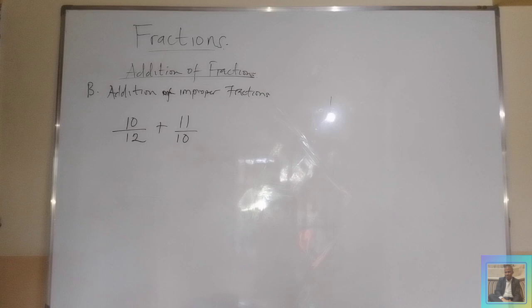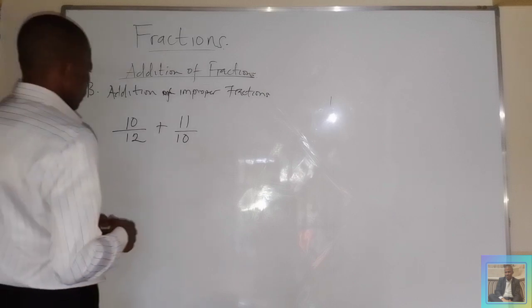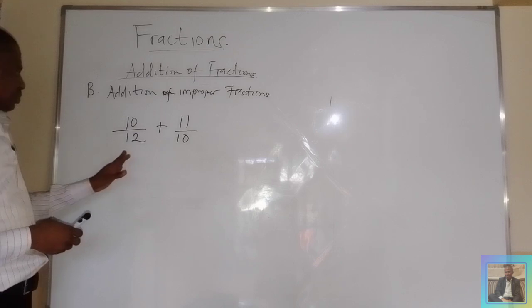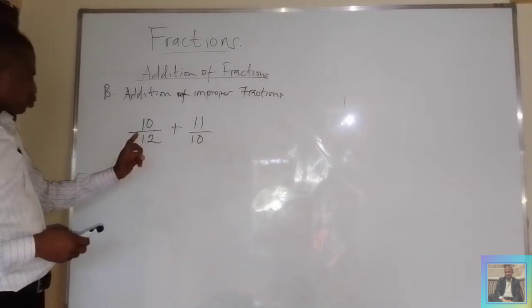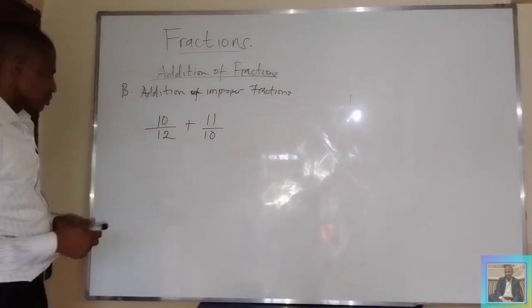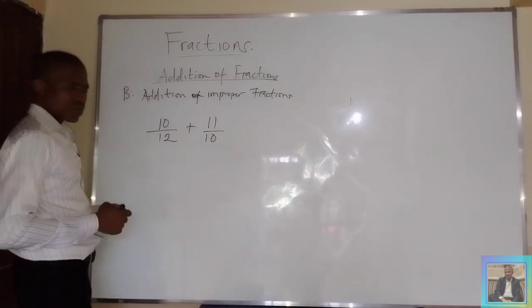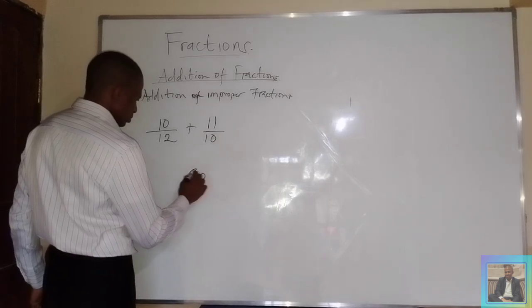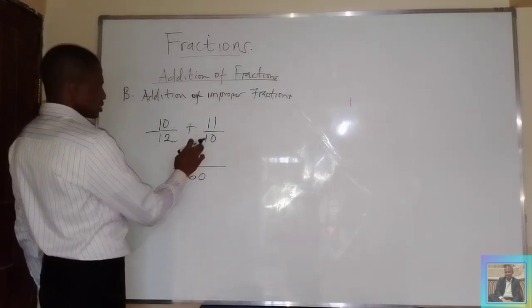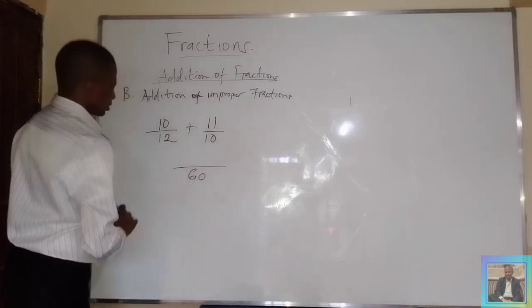If you have something like this, what common multiples do we have? It will be a multiple of 12 and a multiple of 10. The closest one that comes is 60. 12 times 5 will give us 60. 6 times 10 will give us 60.